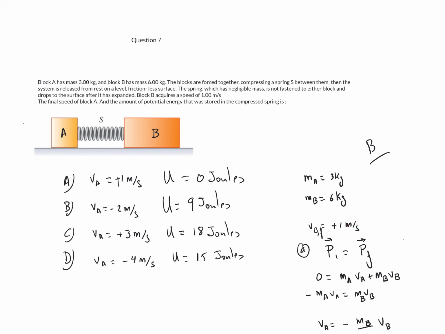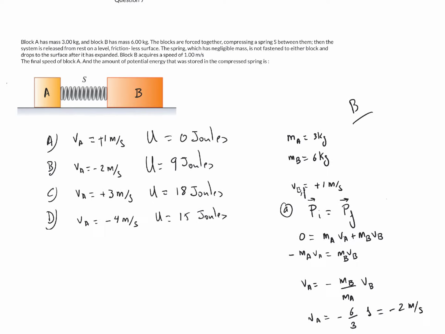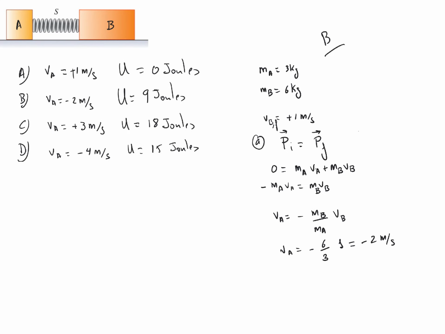If we apply the conservation of momentum, the total momentum initially equals the total momentum finally. This is a vector. The total momentum initially is 0 because both A and B are at rest.